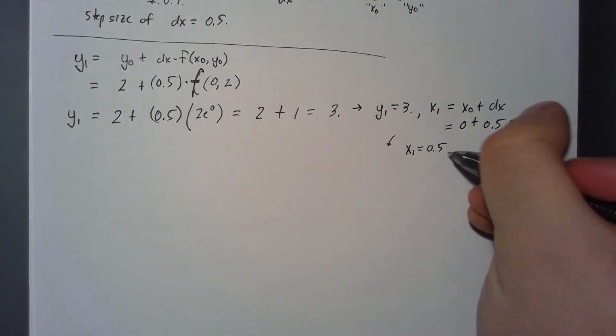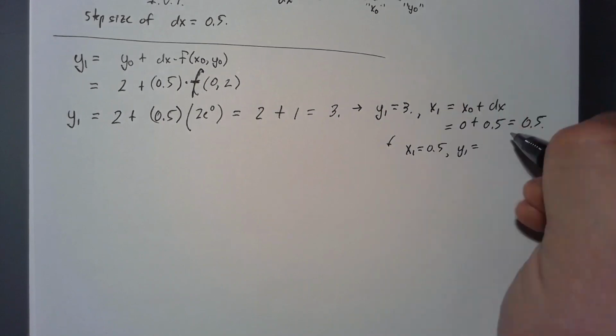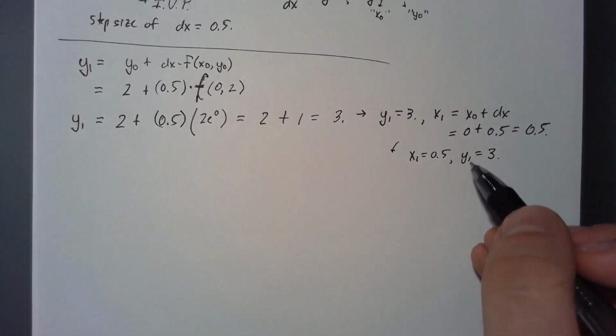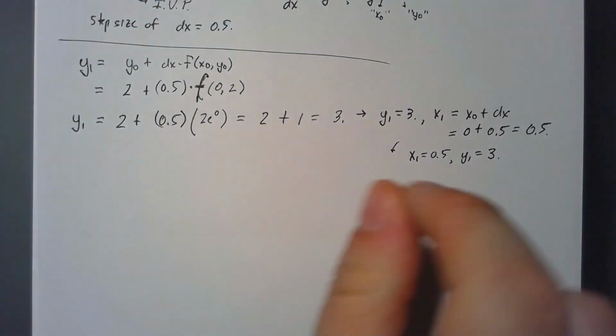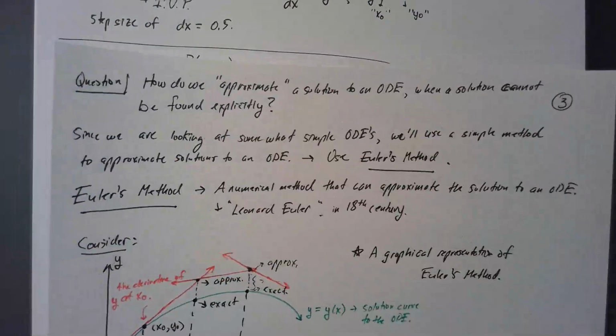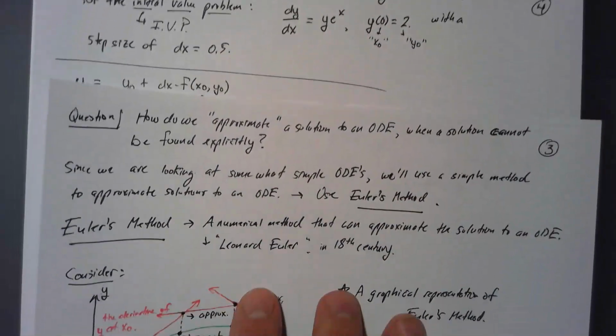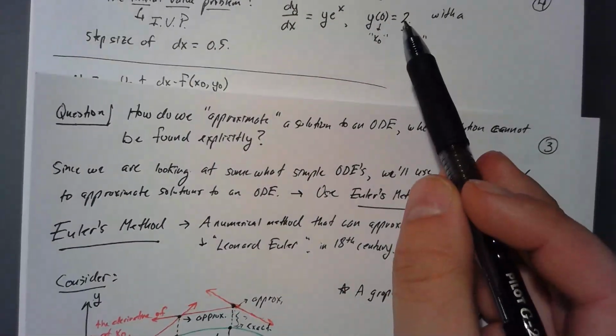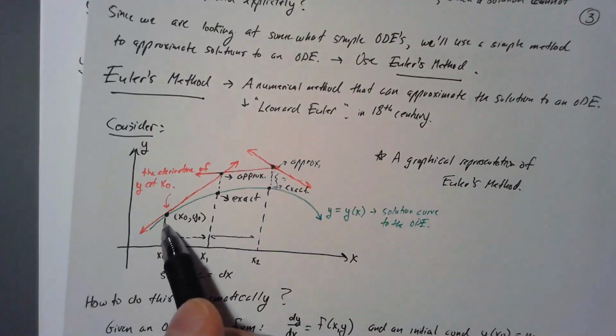So now x of 1 is 0.5, and y sub 1 is 3. So now this is my new point on my curve, right? If I look in the previous notes, in this example, this point right here was my starting point.